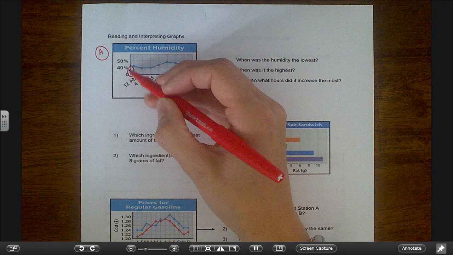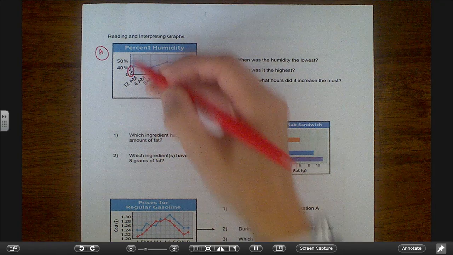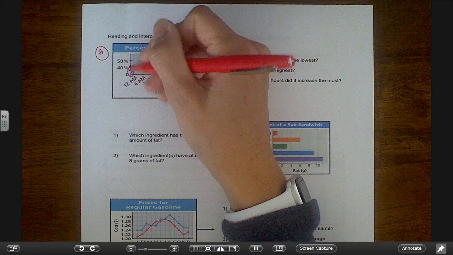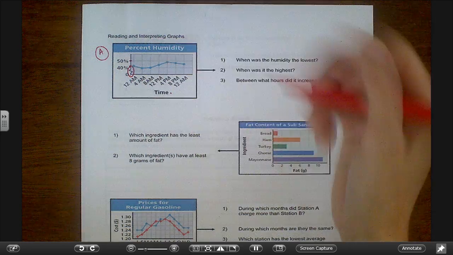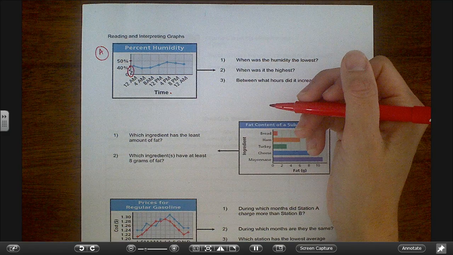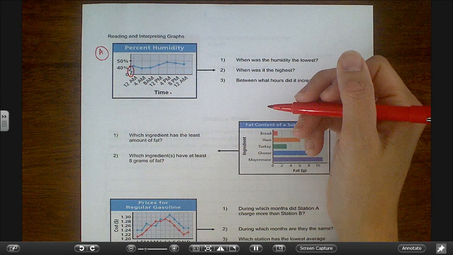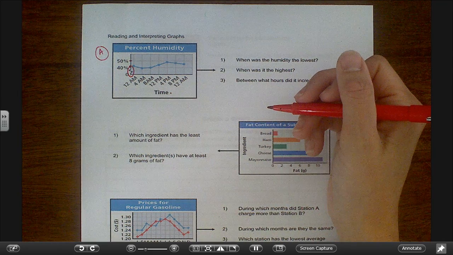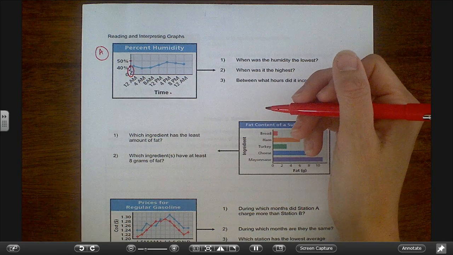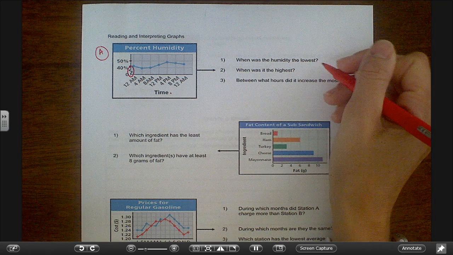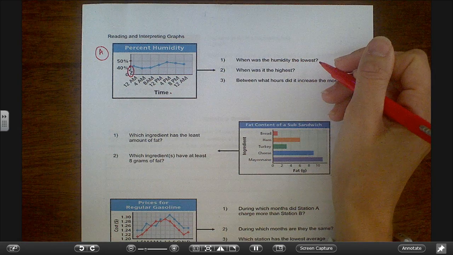This jumps from 0 to 40 and then 40 to 50, but the space between 40 and 50 is about the same as 0 to 40. This is just the graph's way of recognizing that they know that's not correct, but they didn't have any data points really much below 40%, so they didn't want to waste the vertical space on the graph.